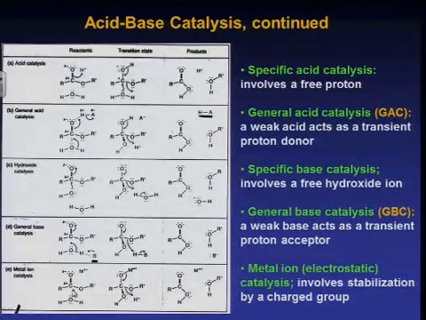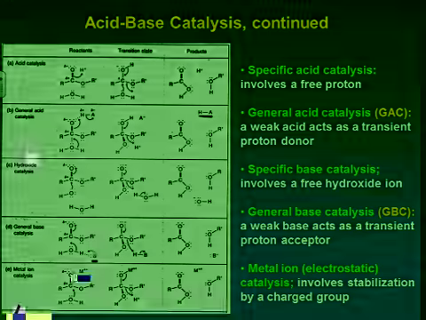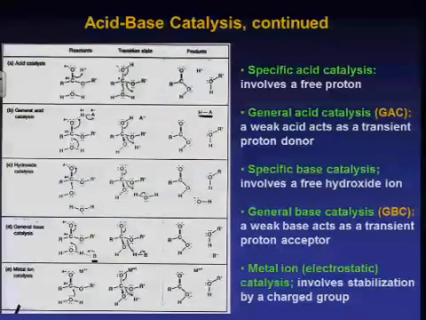So, the more negative this is, and this will become apparent in a specific enzyme that we talk about later, for that oxygen to become more negative, it can be stabilized by a positive charge.